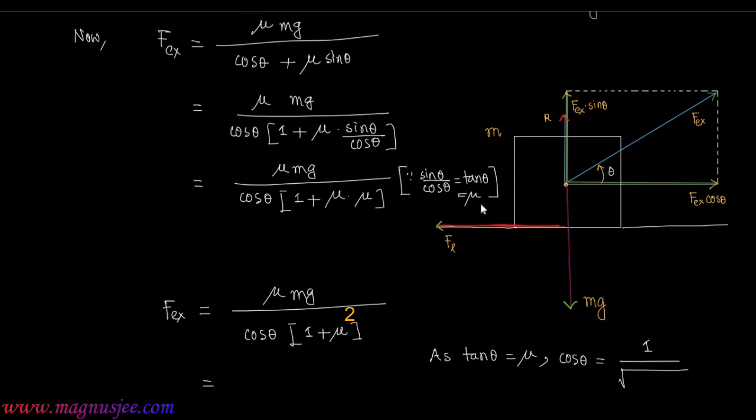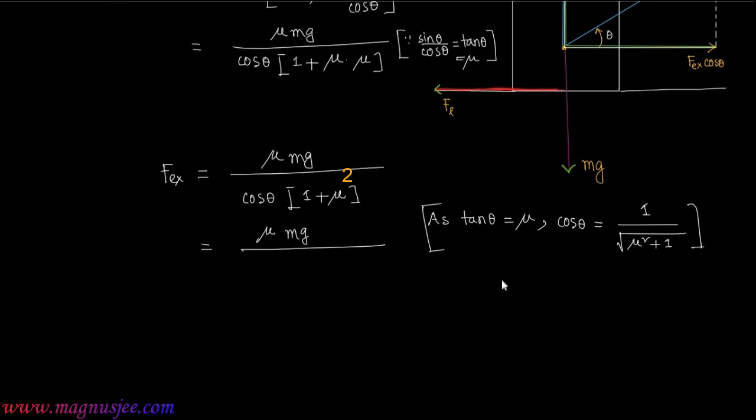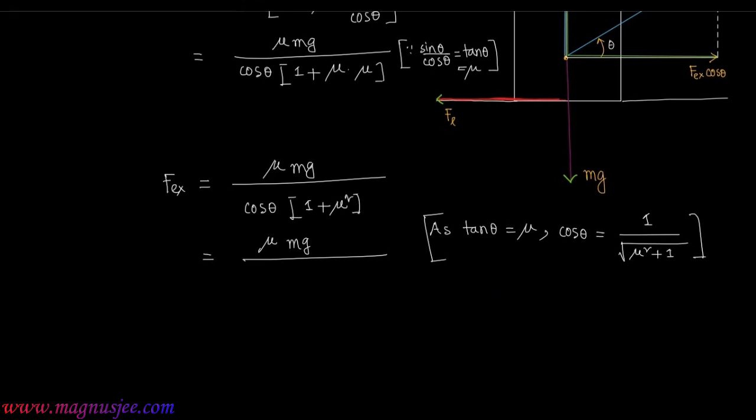As tan theta equals mu, cos theta is equal to 1 divided by root over mu square plus 1. In place of cos theta we can write 1 divided by root over mu square plus 1, into 1 plus mu square.